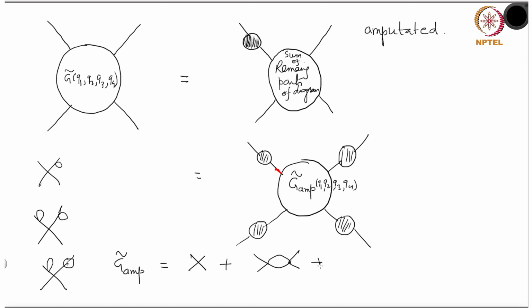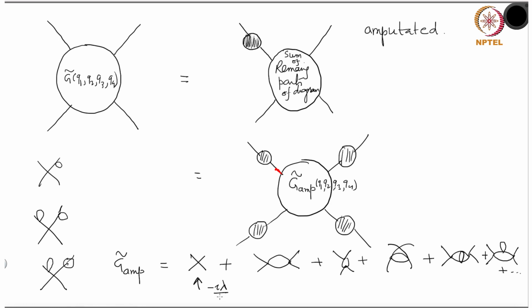Then of course you have other diagrams which you have seen in the previous course. I'll not put the labels Q1, Q2, Q3 and Q4. You understand what I am writing because we have drawn these diagrams several times in the previous course. And also let me draw one more here.